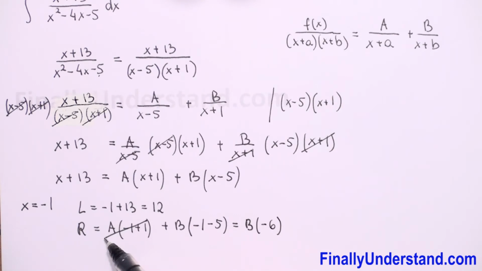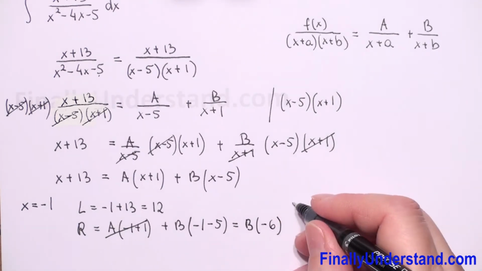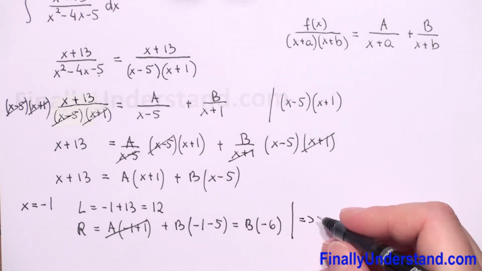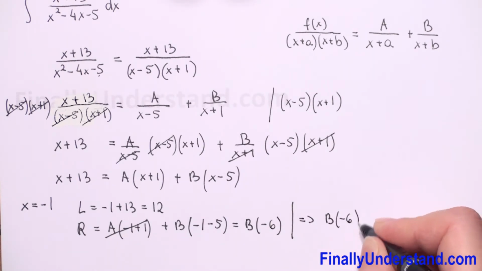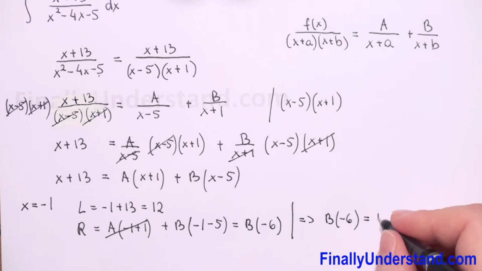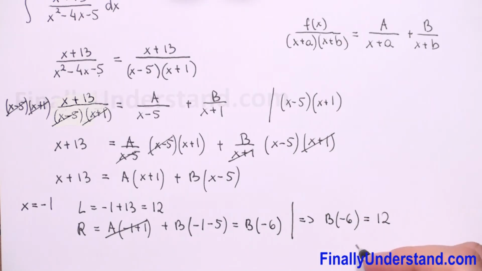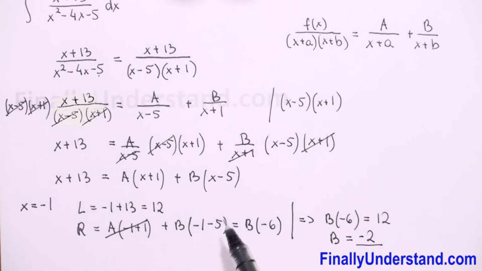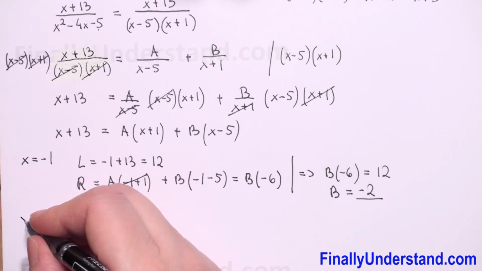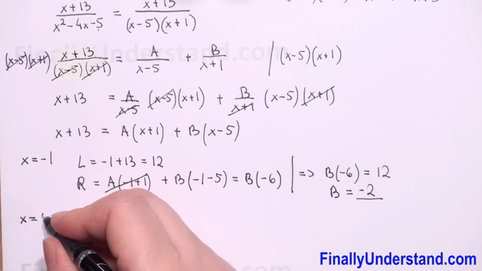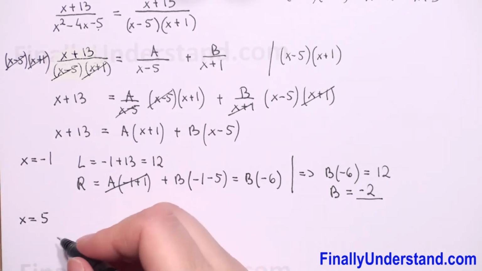Because the left side and right side should be equal, we have the equation B times -6 equal to 12. So we can divide both sides by -6, and we have that B is equal to -2. We have B. Now we need to find A. So let's put x equal to 5.